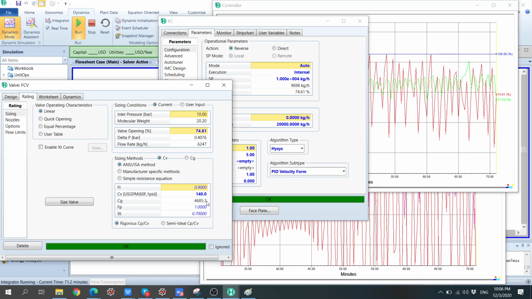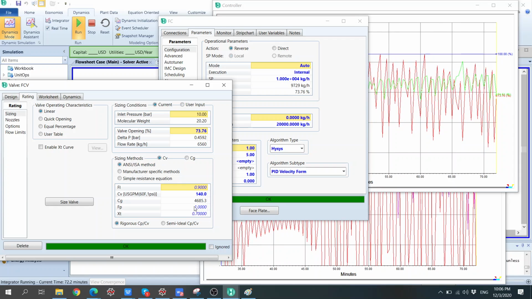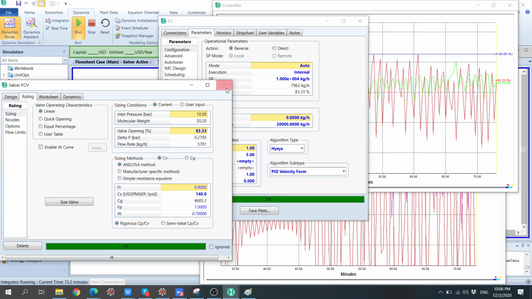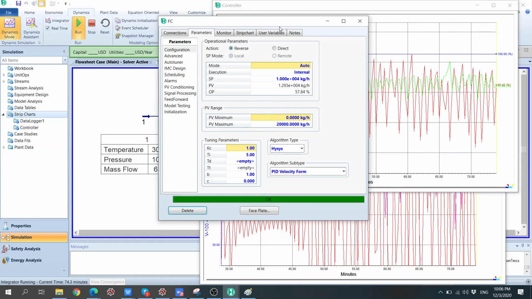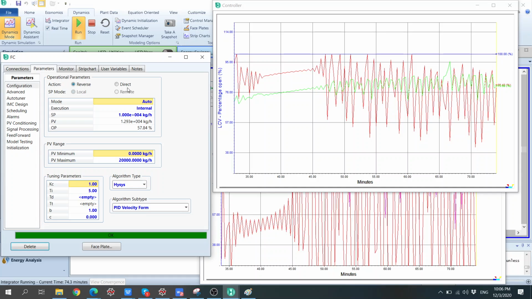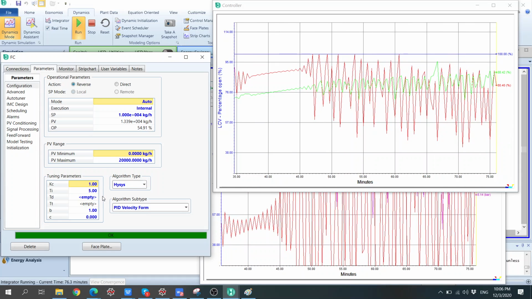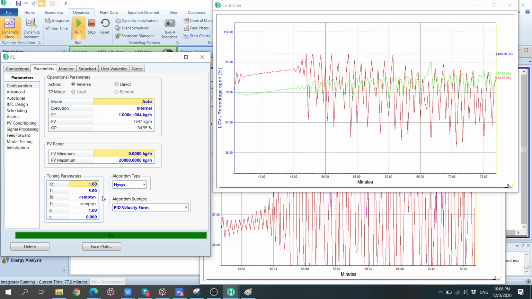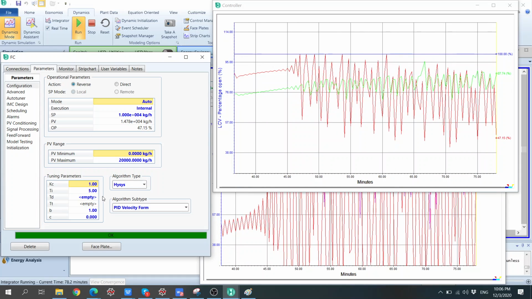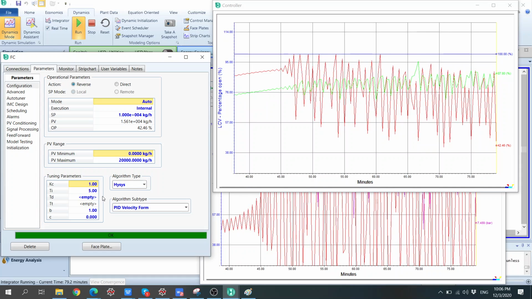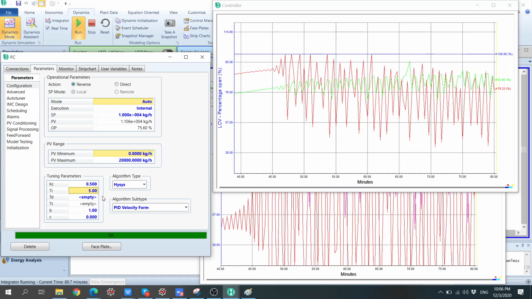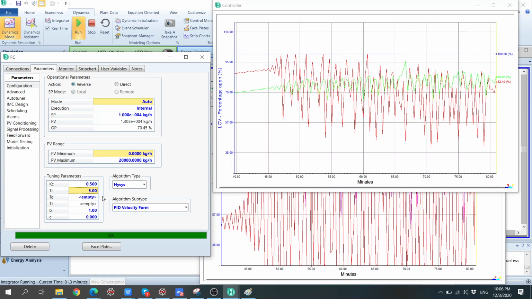So I don't think the size is going to be a problem, because we sized it based on the flow rate in our steady state simulation, so that's not a problem. Another issue could be that the control is too aggressive. So if we can make this 1/3 of that or half of that, depending on the control tuning that we follow, let's make it a half, and see what happens.